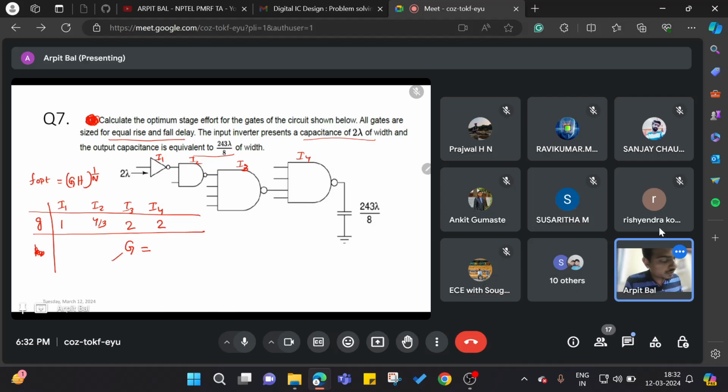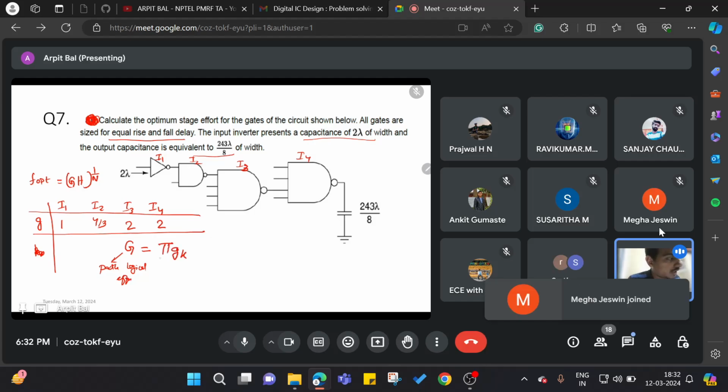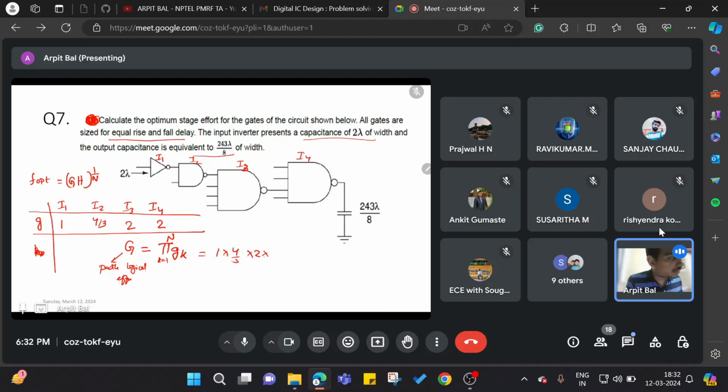Okay, so now we will find out the path logical effort, that is the product of all individual logical efforts. That is 1 into 4 by 3 into 2 into 2. That is 16 by 3. Okay, is this part clear?